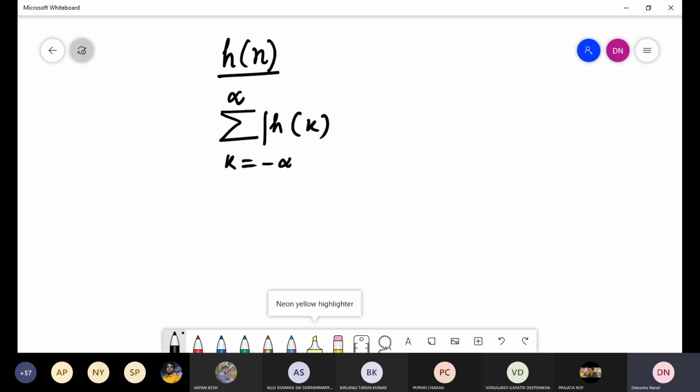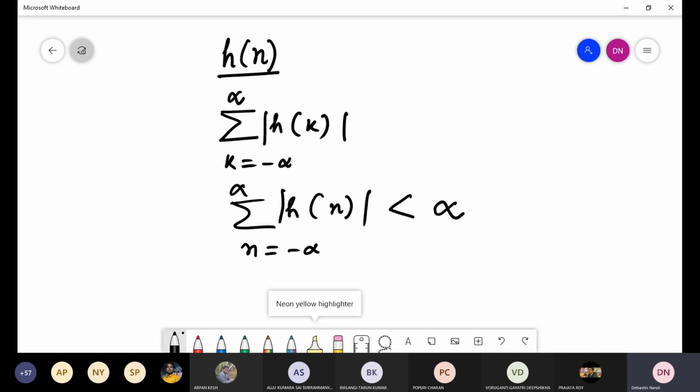You can find out this with n equal to minus infinity to plus infinity. In place of k, you can write n also, no problem. If you see that this is less than infinity, then you say that the system which is characterized by this impulse response, that LTI system, is stable.